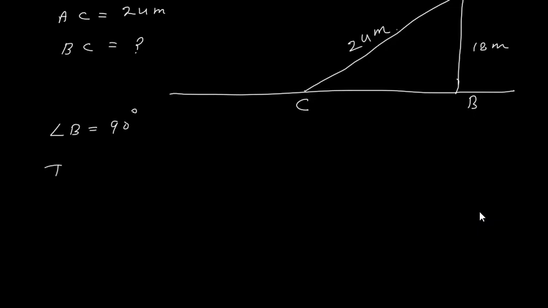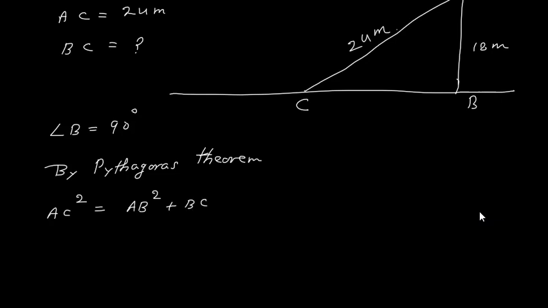So by Pythagoras theorem, AC square is equal to AB square plus BC square.